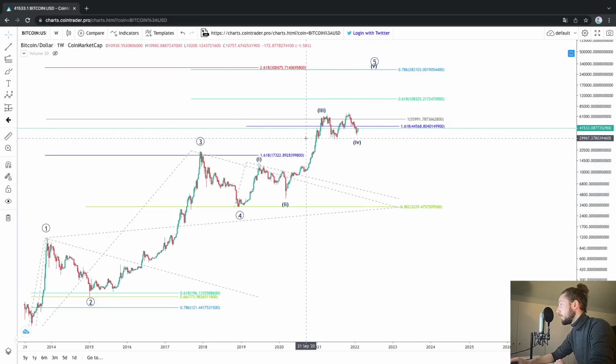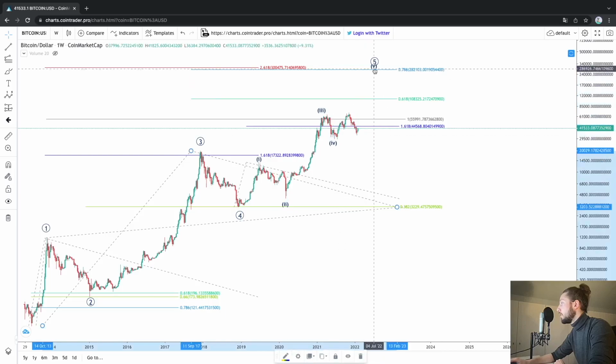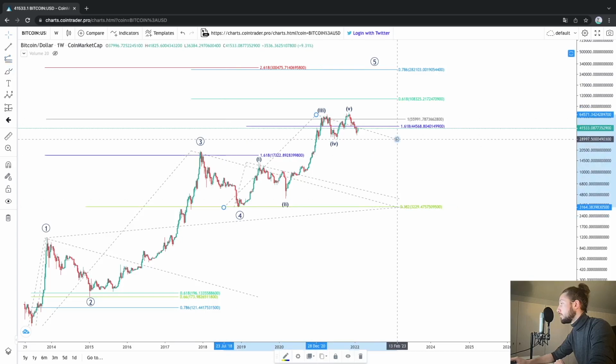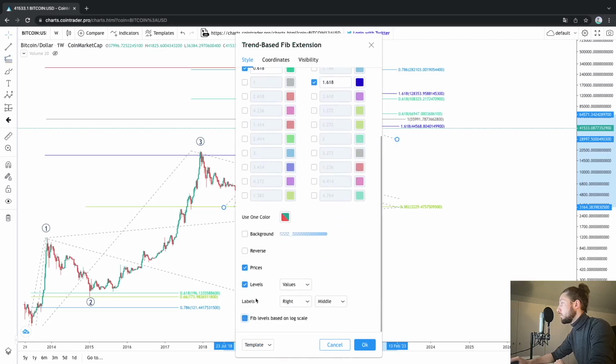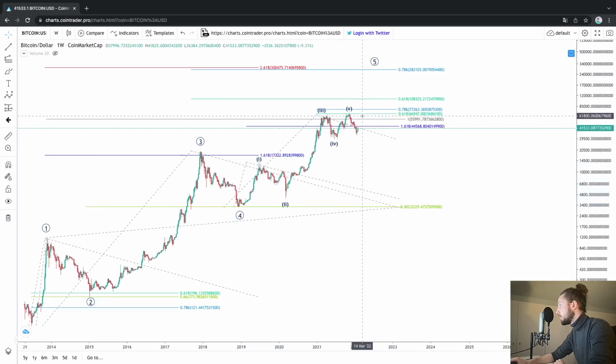So now I'm thinking, was this a correction pattern, an A, B, C, or was this the fourth wave? And was this the fifth wave? Let's measure the 0.618 and the 0.786. As you can see, we reached that 0.618 Fib on the fifth wave. So I do think that we might have ended or finished that fifth wave.